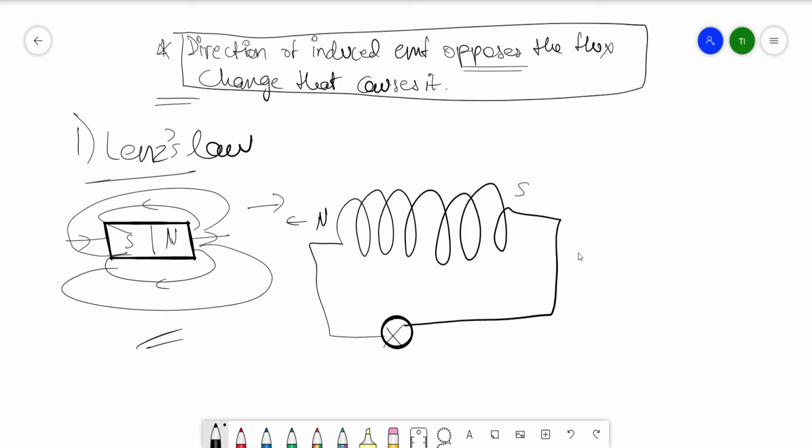And how do you find the direction of induced EMF and therefore the current using this? Well, you use the right-hand grip rule. You put your thumb near the North Pole, or the direction where the North Pole would point, and the way your fingers are curling is the direction of the current and induced EMF, and that is this.